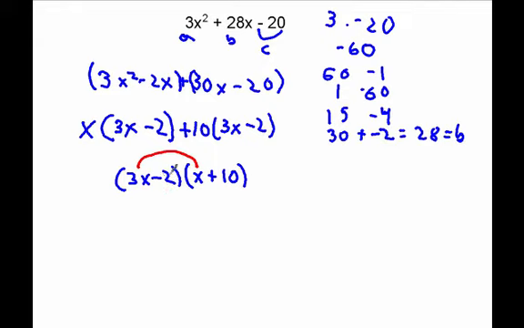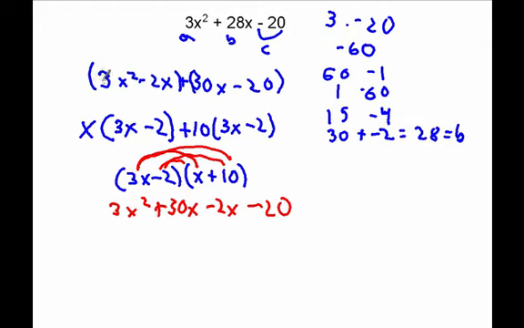We're using distributive property twice. So we say 3x times x, that's 3x squared. 3x times 10, that's plus 30x. Negative 2 times x, that's minus 2x. Negative 2 times 10, that's minus 20.